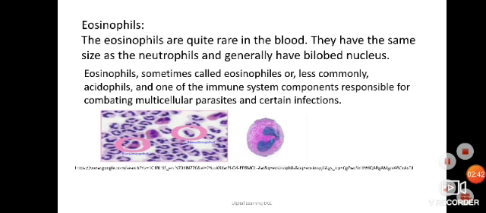Other functions of WBCs. Apart from this, neutrophils also have these functions: chemotaxis, antimicrobial function, phagocytosis, and degranulation. In chemotaxis, bacterial products interact with plasma proteins to produce agents that attract neutrophils to the site of injury or inflammation.